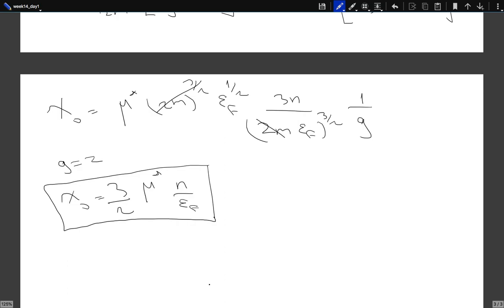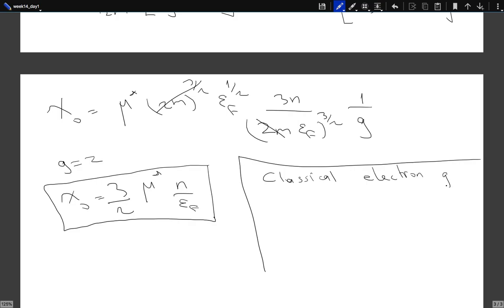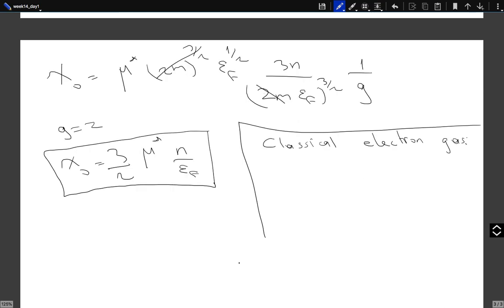Now, if you remember what we had done in the classical case with classical electrons, let's just remember. We had defined the n particle partition function as Q1 to the n over n factorial. Since we are in the classical case, we didn't look at the motion of the electrons, just the spin. Here we are also, in fact, looking at the spins.